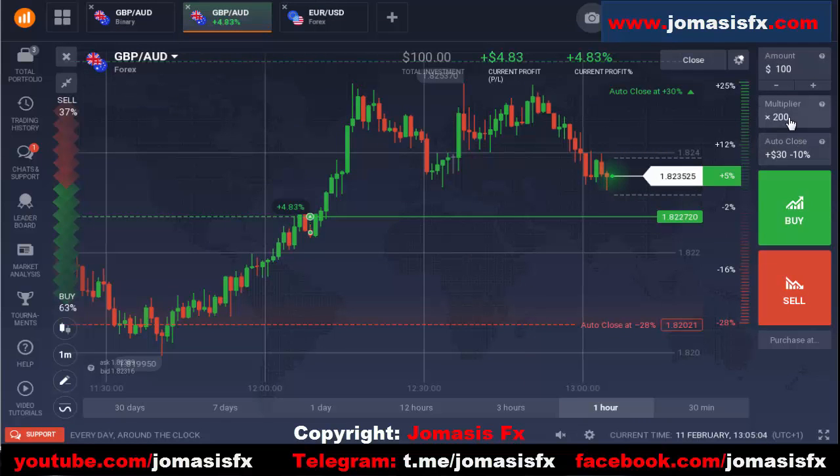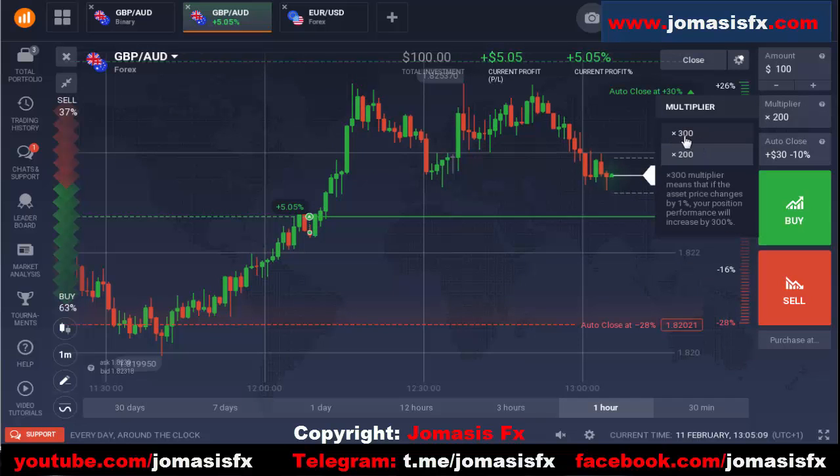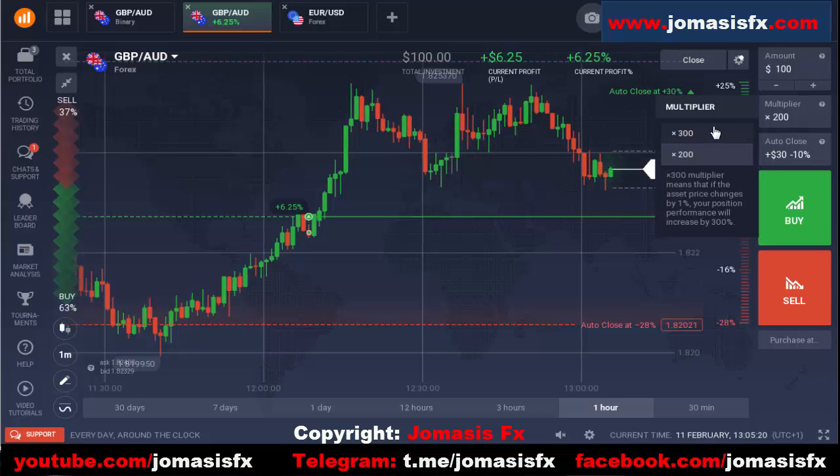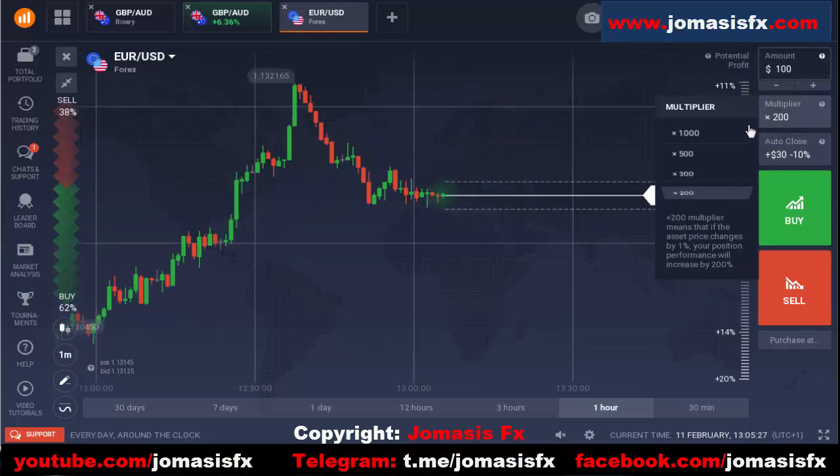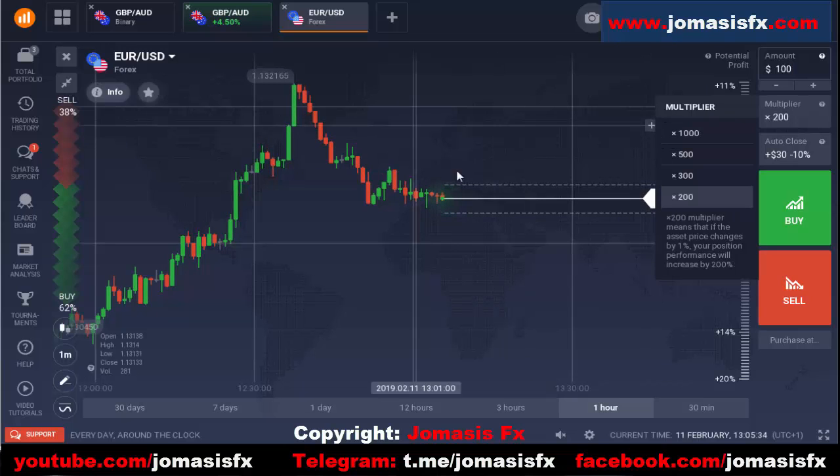If you look at this place now, the maximum leverage that they allow in that country is a multiplier of 300. They don't allow too much leverage because of the risk involved. So 300 is the maximum. But in terms of Euro USD, they allow up to 1,000. So if you want to take up the risk, no problem. You can go ahead.